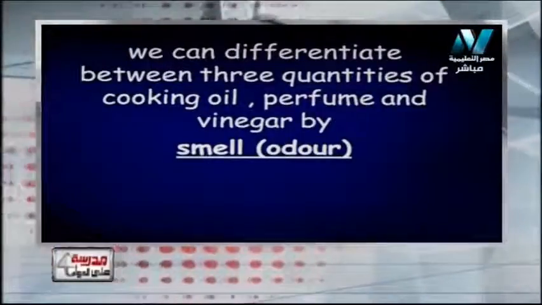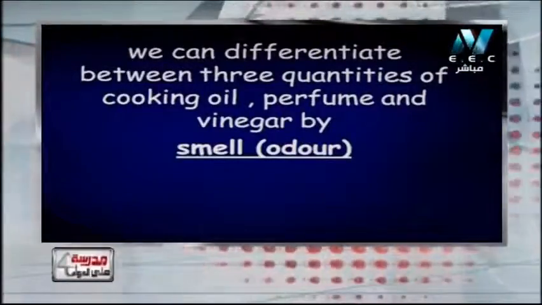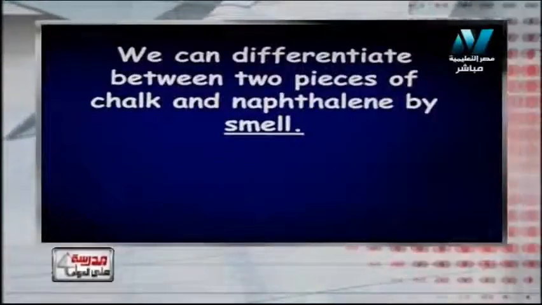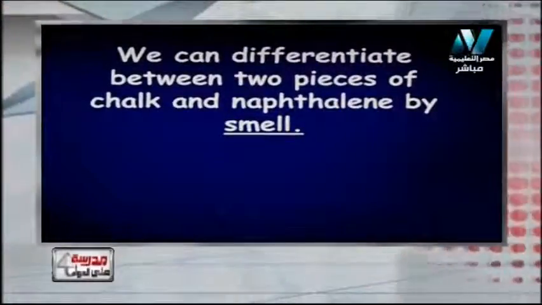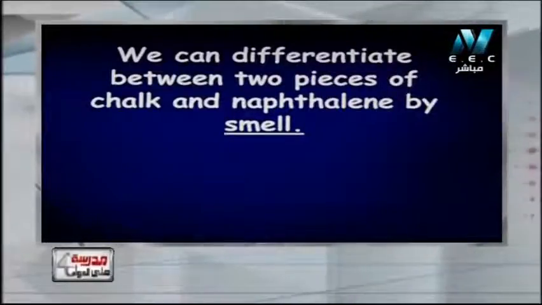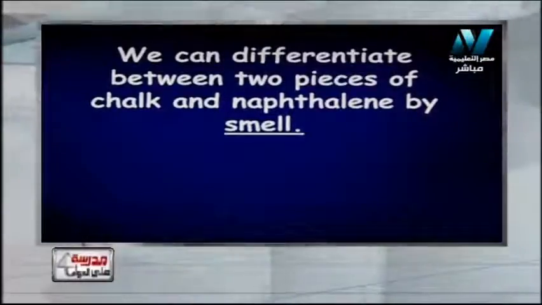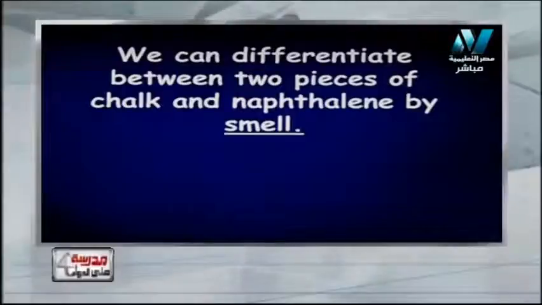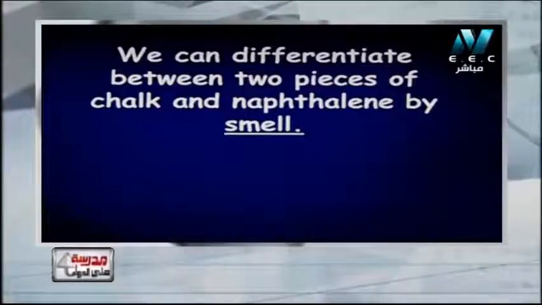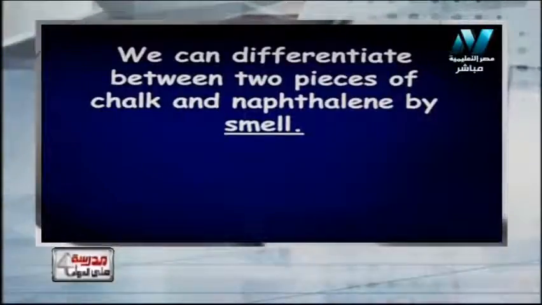Again, we can differentiate between cooking oil, perfume and vinegar by smell or odor. Now we can differentiate between two pieces of chalk and naphthalene. We don't hear about naphthalene much, but it is similar to chalk, small balls with white color and a very strong pungent smell, so I differentiate between them by smell. Chalk has no very strong smell, but naphthalene's smell is very pungent and strong.